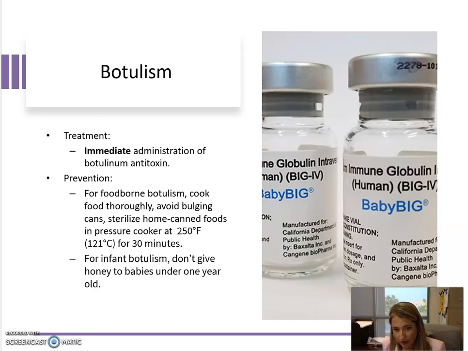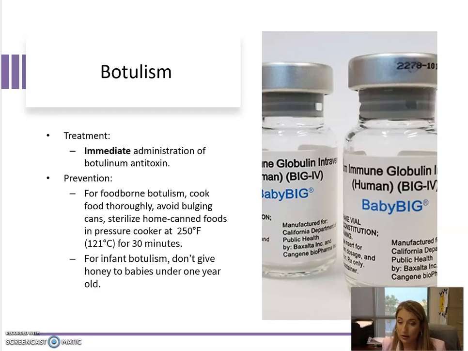As far as prevention, one of the biggest preventatives is properly sterilizing at-home canned foods. The standard for sterilization is 121 degrees Celsius for 15 minutes, but to ensure it, you go an extra 15 minutes.